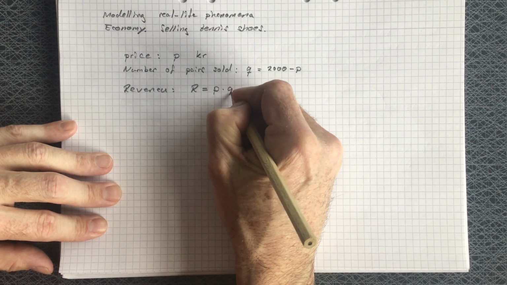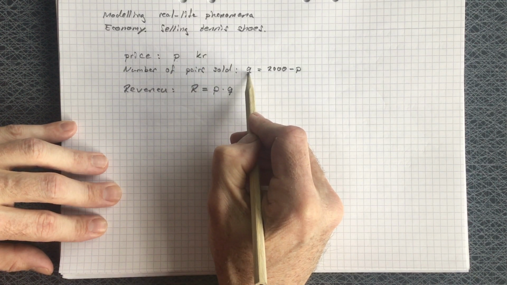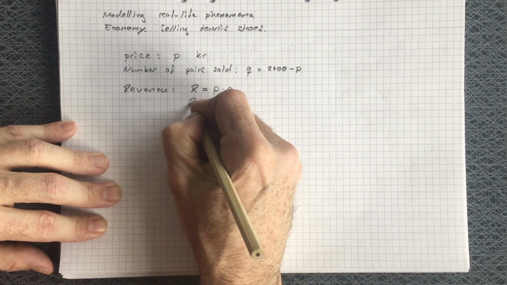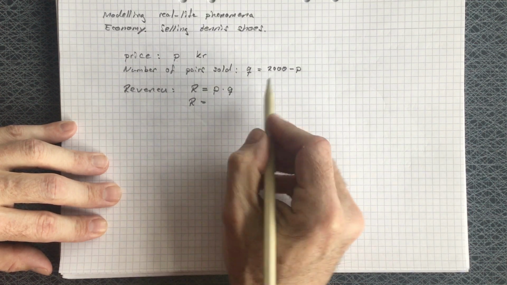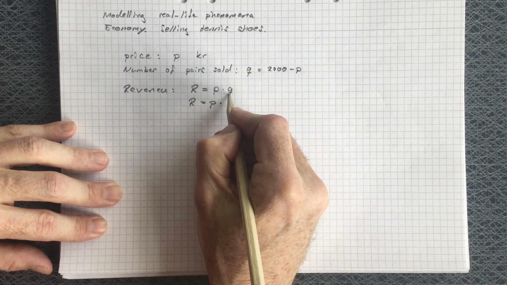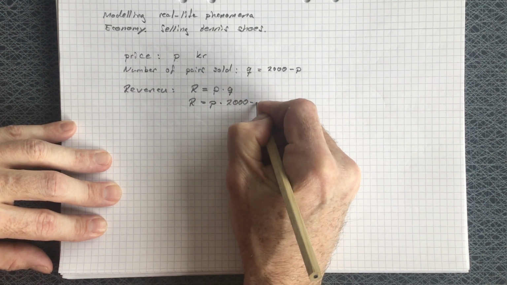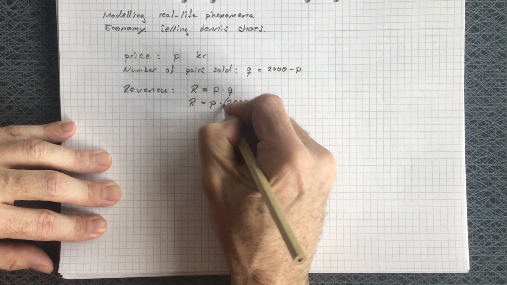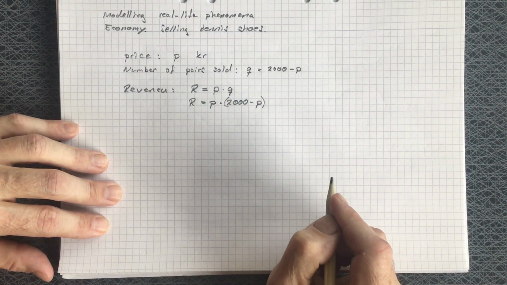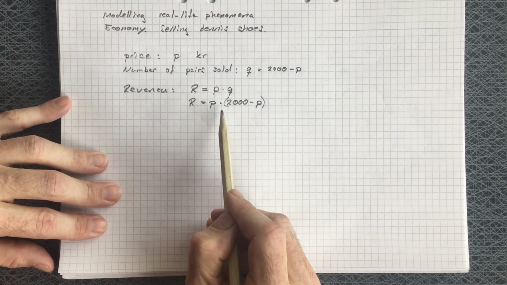That is Q. The price times the quantity of shoes you are selling. But in this case, the quantity depends on the price. So instead of Q for quantity, we write 2,000 minus the price. And we need brackets around this, because now I will show you that this will be a quadratic model.